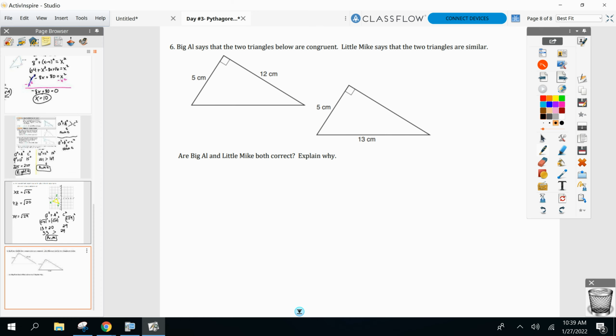So if they're only congruent, they're not. Wait, no. So it's only Big Al who is correct? Because if they were similar, then they would be proportional. We just need to go side by side.